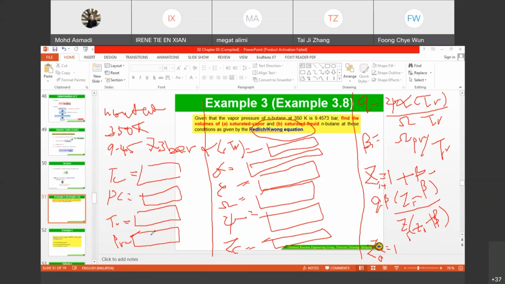And then TR 0.8233 and PR is equal to 0.24991. Okay, this one you just determine from the tables. Okay, how about Q and beta?